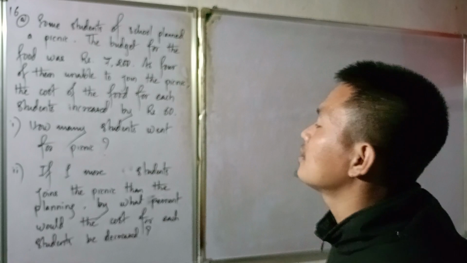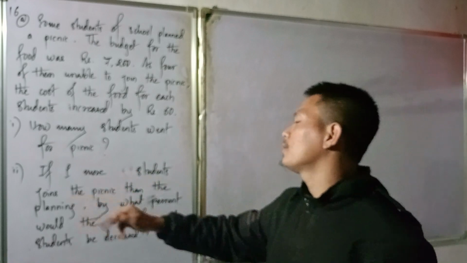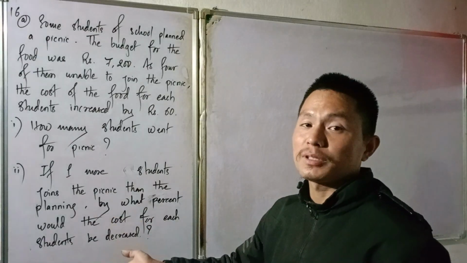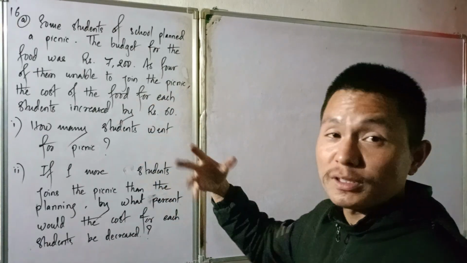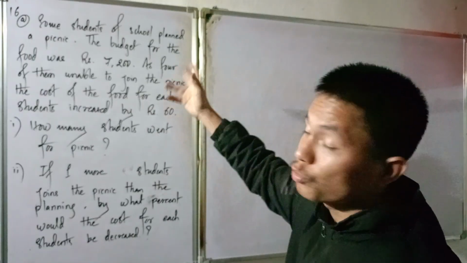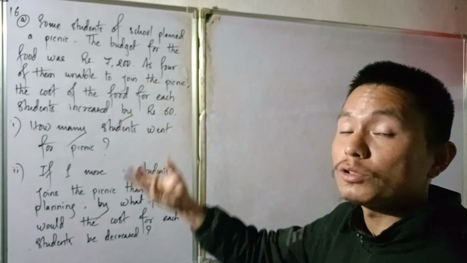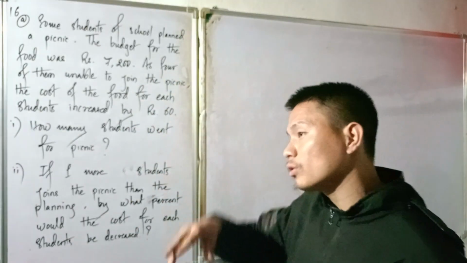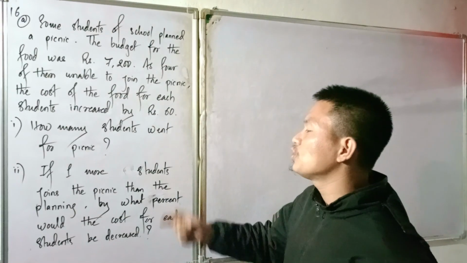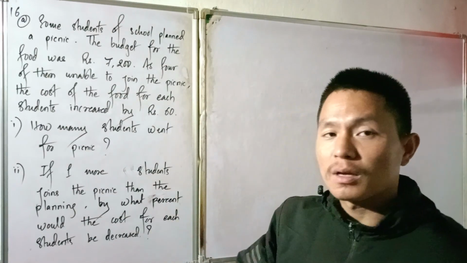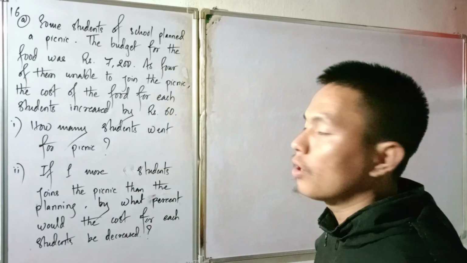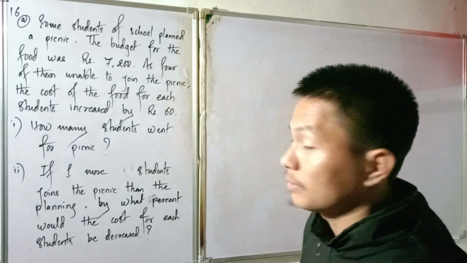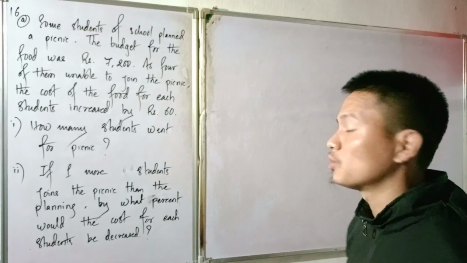And number 2 question: if one more student joins the picnic, then the planning. Okay, so the planning was the total students of the school. Actually, the original plan was that. So in that original plan, one student joins from somewhere outside of the school, or maybe somebody requests them to join.